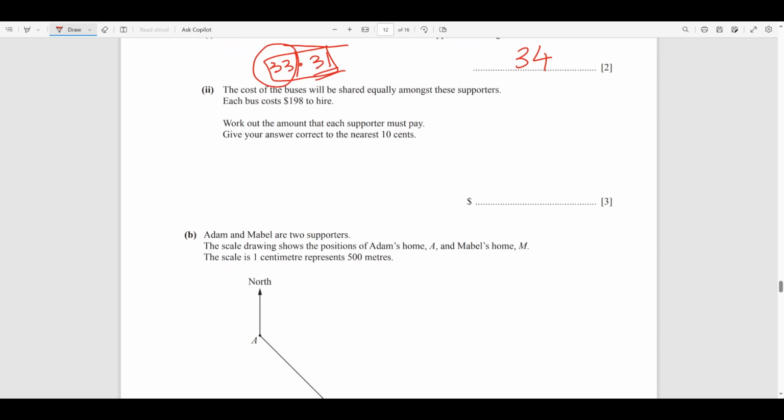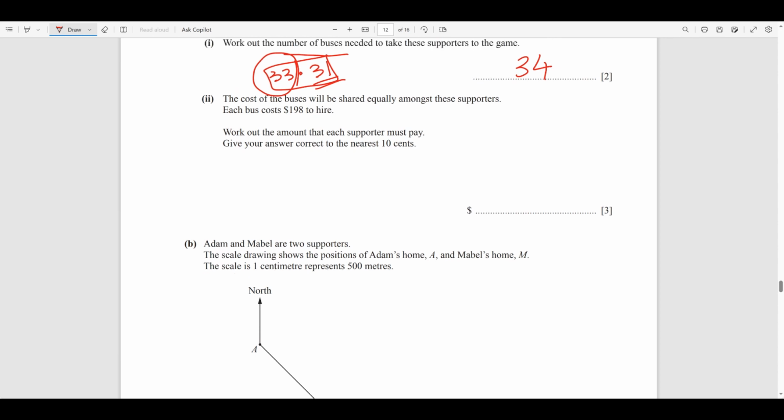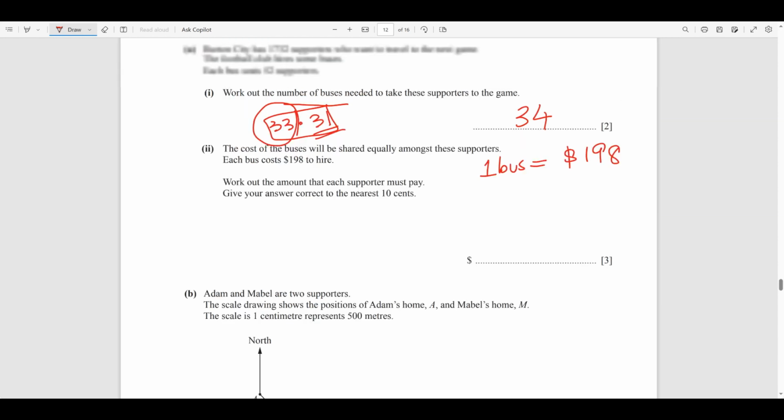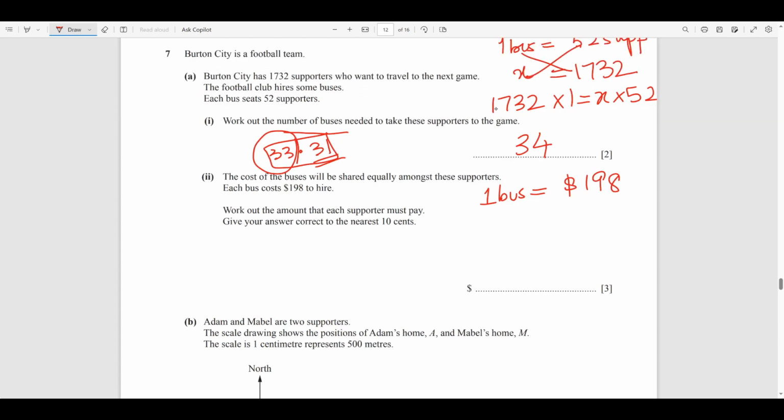Okay, so the cost of the buses will be shared equally amongst these supporters. Each bus cost, so again rate, one bus costs us $198 to hire. Then there is the number of people it is to be shared among. First we need to know that there are 34 buses they're going to hire.